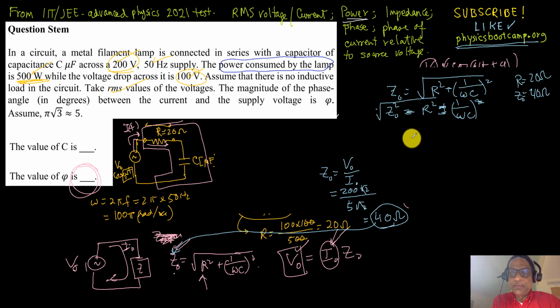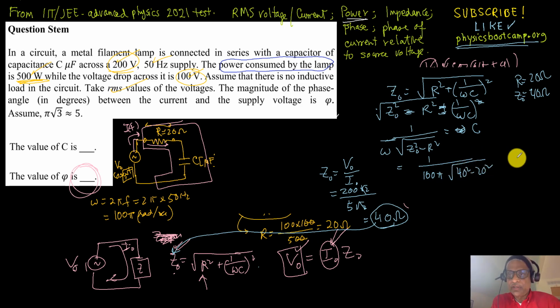So 1 over square root of Z0 square minus R square equals omega C. So C equals that. Okay, so now we have 1 over, let's see, omega is 100 pi, and this is 40 square minus 20 square.